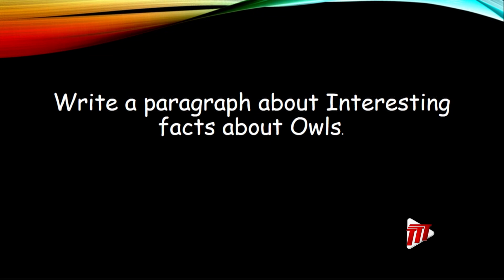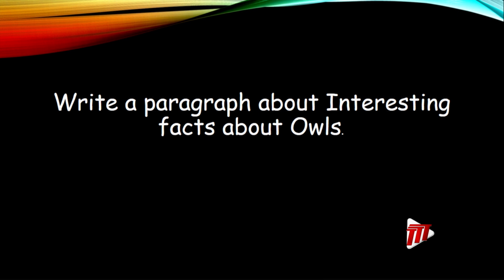So let's move on. Let's look at an example. We are to write on interesting facts about owls. So say you probably read something about owls and your teacher asked you to write about interesting facts about owls. How will we do this?